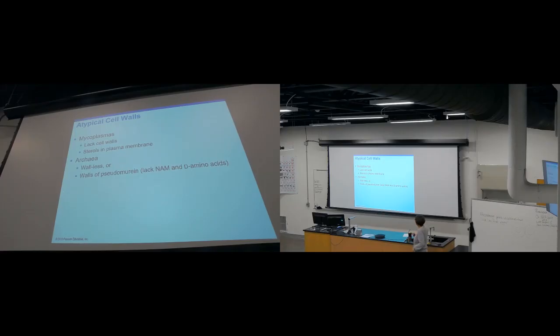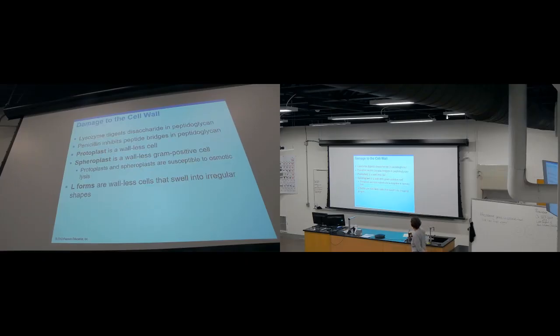And then archaea can be characterized by having pseudomurein. So it lacks NAM, or N-acetylmuramic acid. It has a component called pseudomurein instead, and it also lacks some of the amino acids that bacteria have in their cell wall.